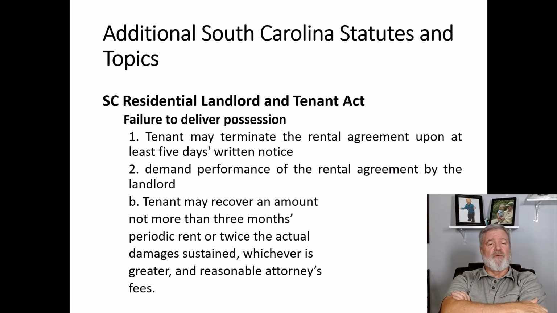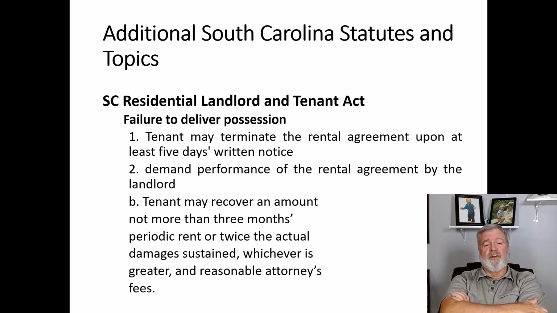But if I don't have it ready within 5 days, the tenant can now terminate the lease and get any monies they put up back, if they choose to.